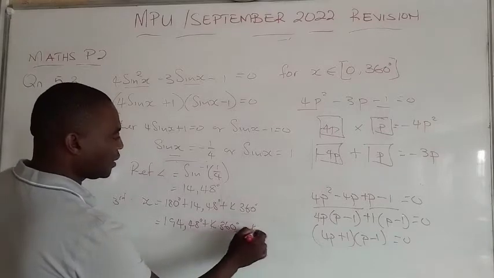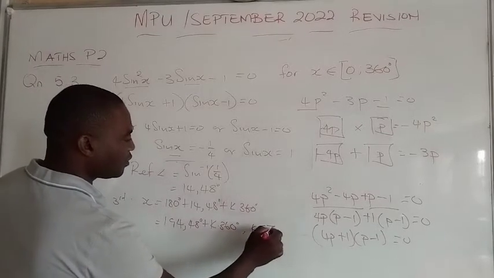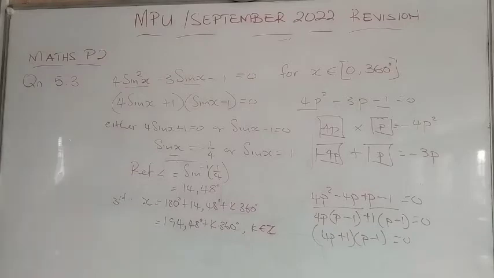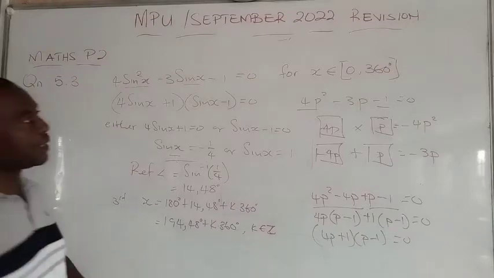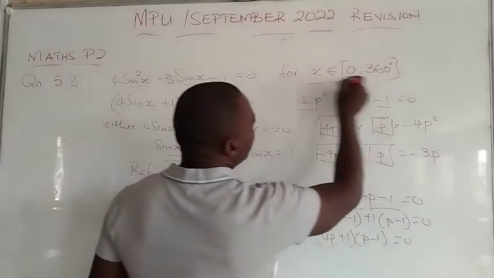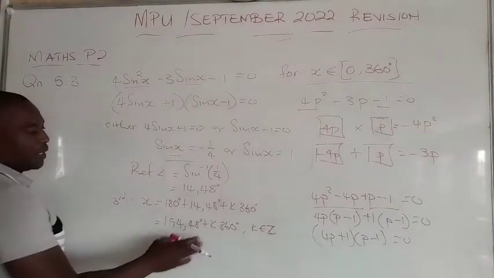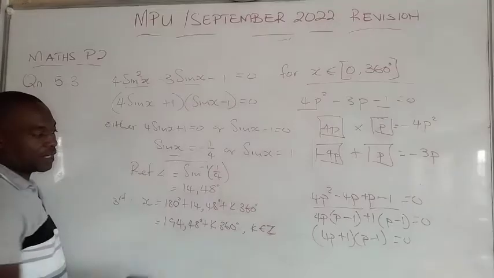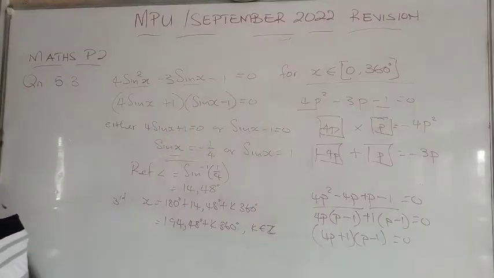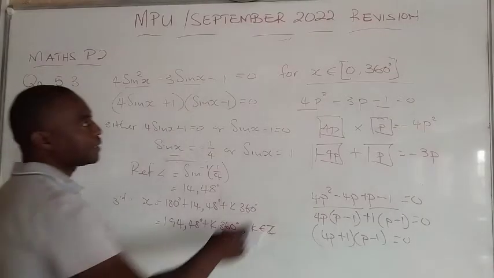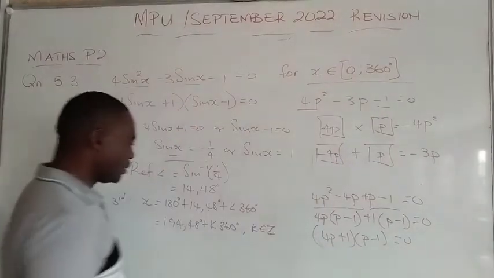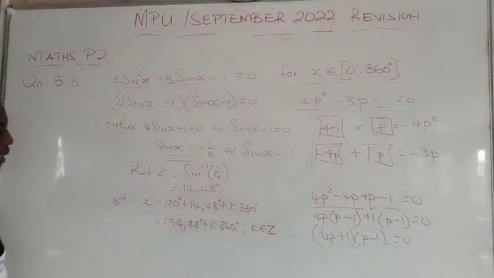Of course, where k is an element of integers. But then remember that you are given the interval for the values of x, so you don't leave it as a general solution. You need to find the values of x that are in this interval. So you can take your k as 0.